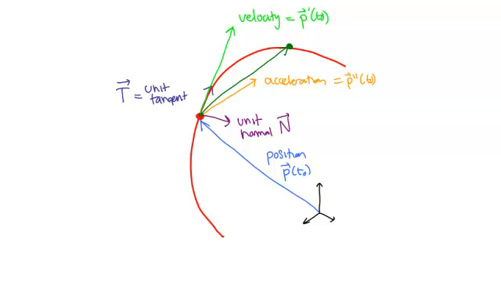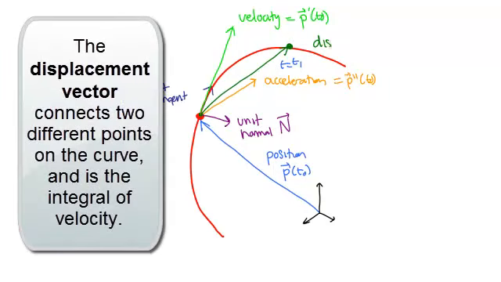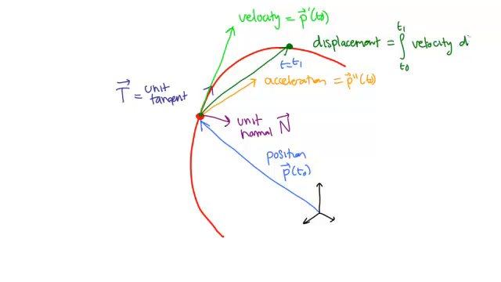where this point here corresponds to, say, time equals t1, then this green vector, which is a displacement vector, is going to equal the integral from the starting time to the ending time of the velocity, dt.